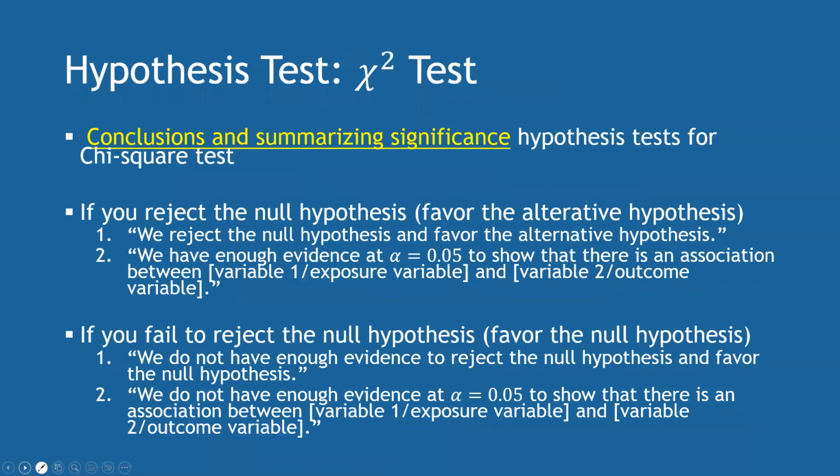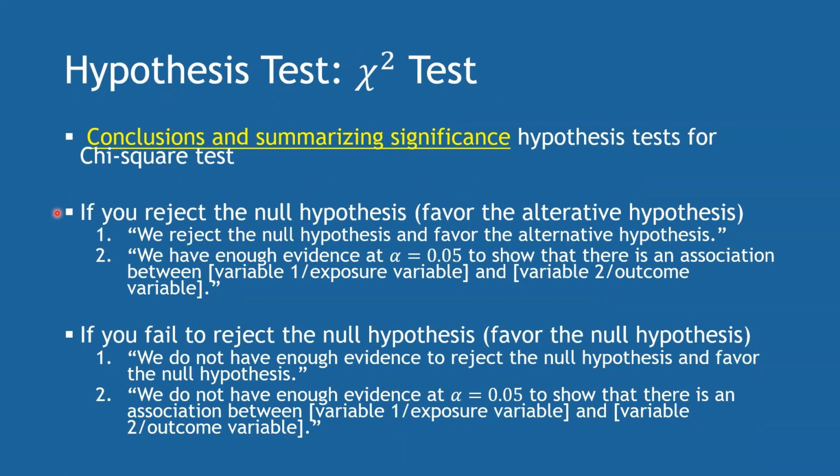All right, so then once we have our p-value and we've compared it, we'll either reject the null hypothesis or we'll fail to reject the null hypothesis. So for scenario number 1, where we reject the null hypothesis, we'll report two different conclusions. We're first going to state that we reject the null hypothesis and favor the alternative hypothesis.